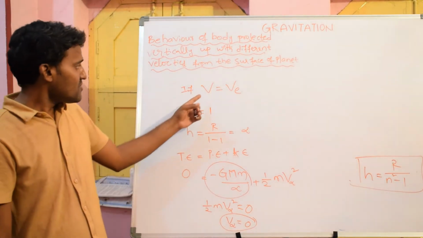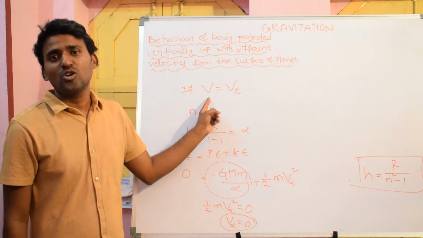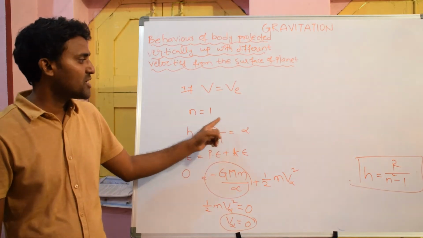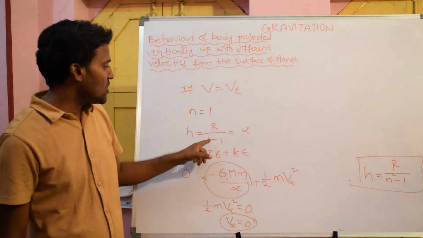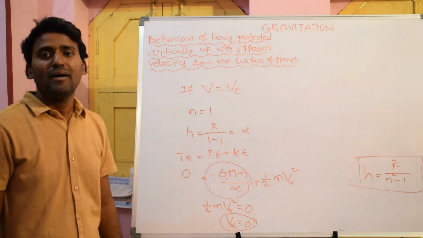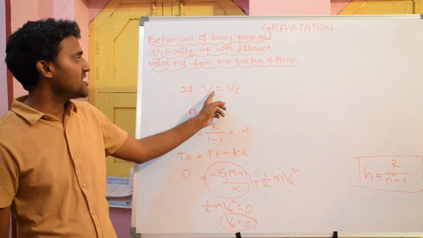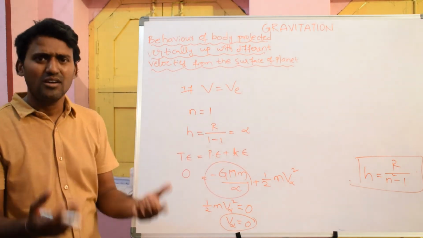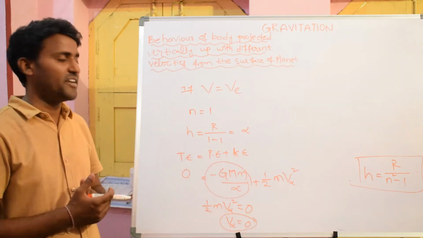Once again, if the object velocity is equal to escape velocity, at that moment n is equal to 1. I derived this equation previously and substituted n equal to 1. So the maximum height reached by the object when its velocity is equal to escape velocity is infinity. The object crosses the field, that is, at infinity distance.